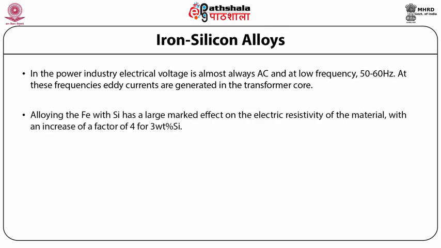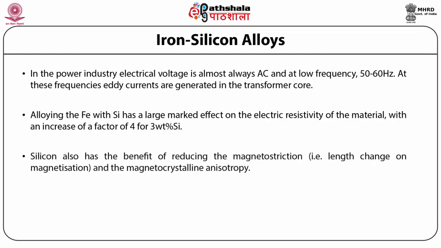Alloying the iron with silicon has a large marked effect on the electric resistivity of the material, with an increase of a factor of 4 for 3 weight% of silicon. Silicon also has the benefit of reducing the magnetostriction, that is, length change on magnetization, and the magnetocrystalline anisotropy.